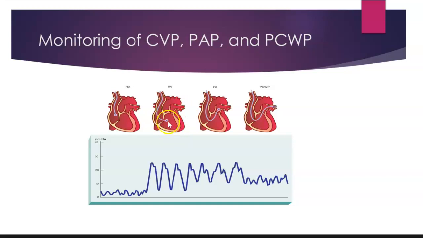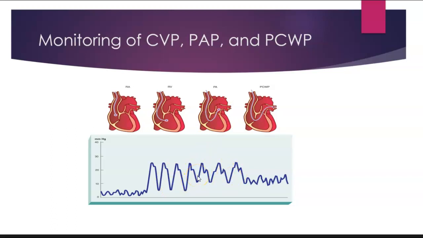This isn't as impactful or important as those CVP pressures, but you are going to see a change in waveform as it passes through the right ventricle and moves into the pulmonary artery.